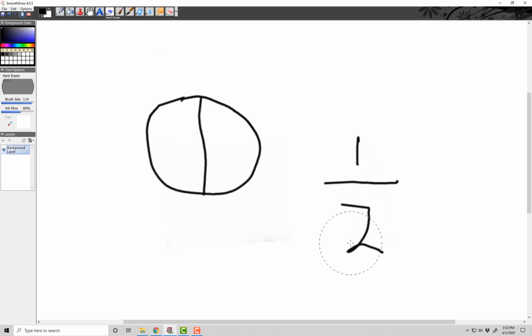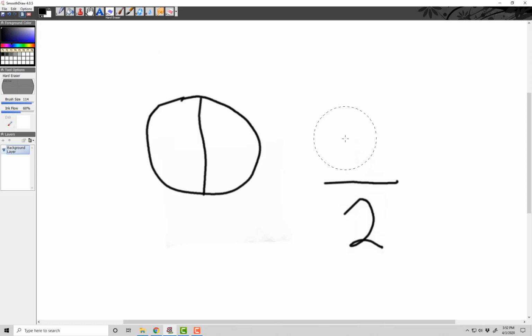That's not a very pretty looking 2. Okay, it's a little bit better. So let's say we don't know how many we're going to eat right now.